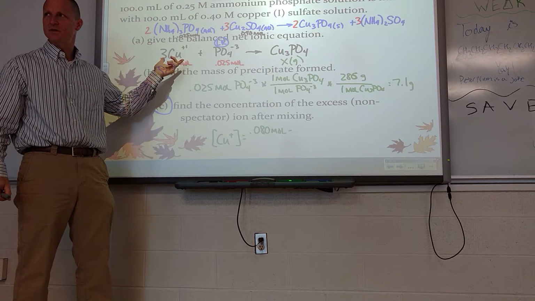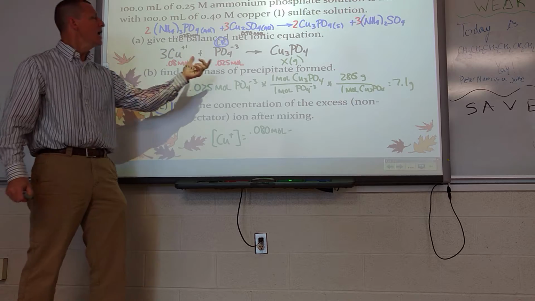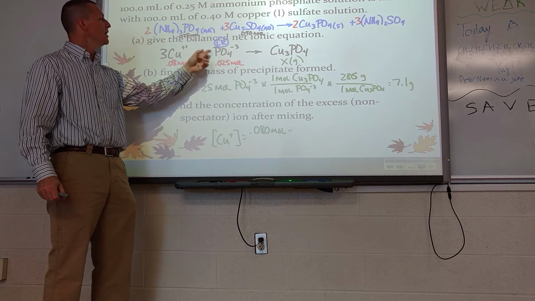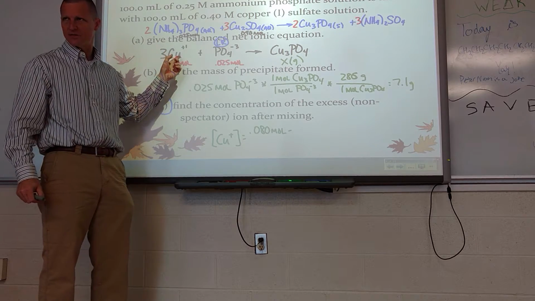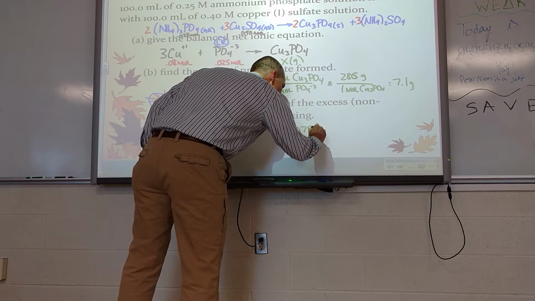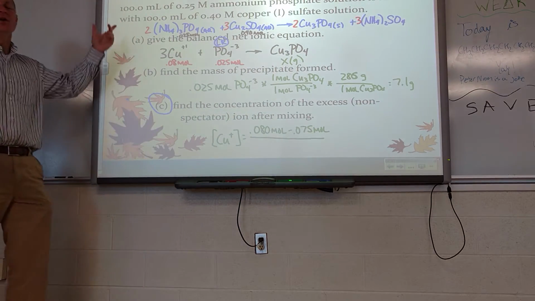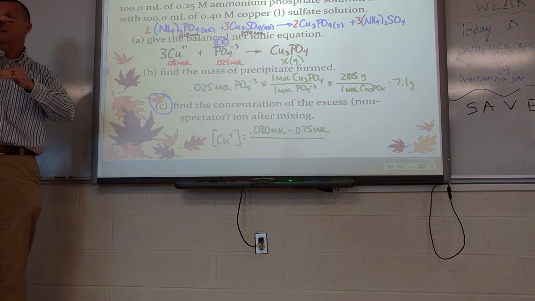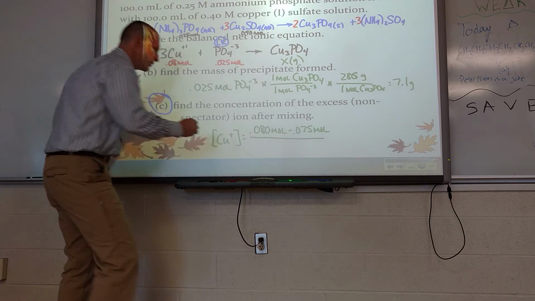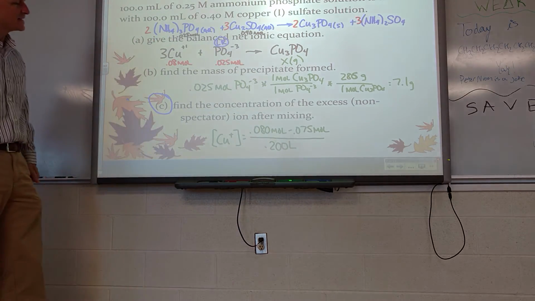How much copper got used? 0.075. Yeah, because all that 0.025 moles of phosphate got used up, 3 times that much copper must have gotten used. So minus 0.075. Then divide by the total volume. Notice that we mix 2 solutions so the volume gets higher. 100 ml and 100 ml, so it's 0.2 liters. That's how we do part C.